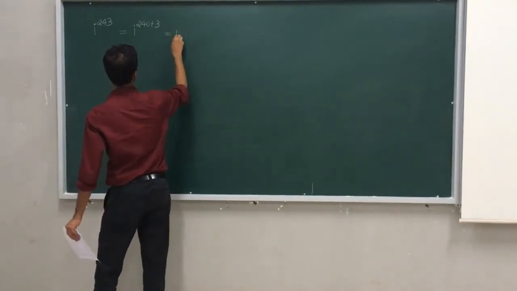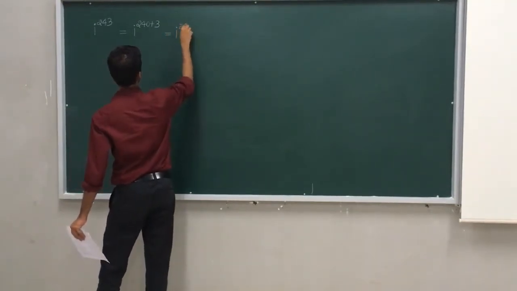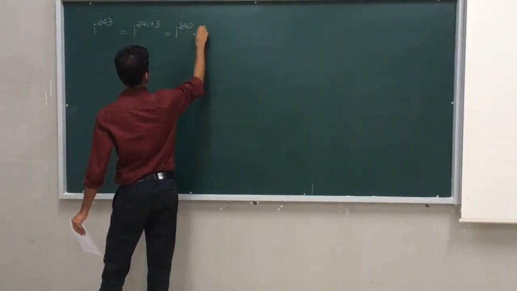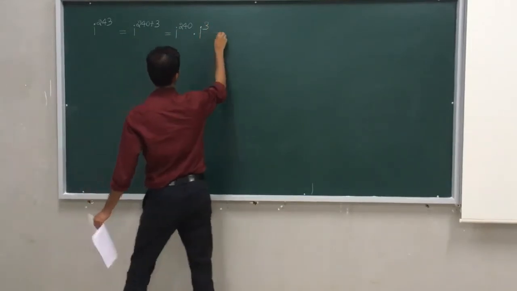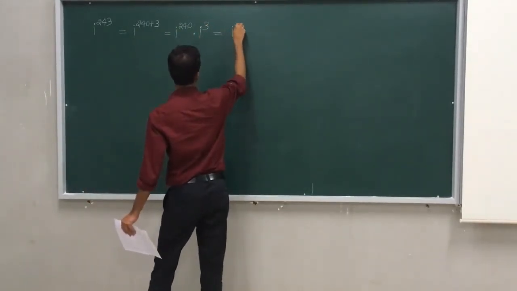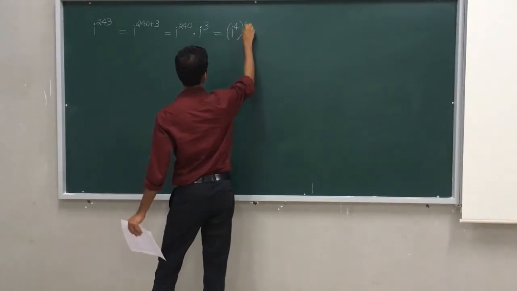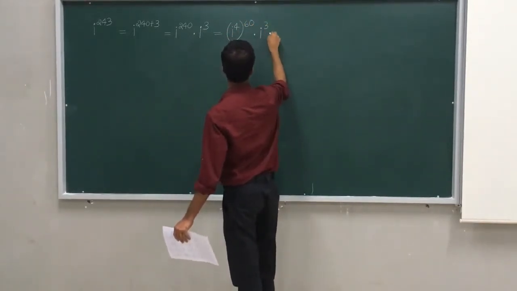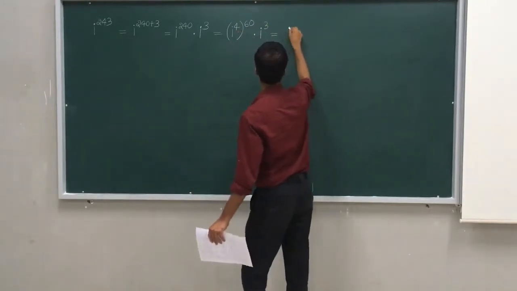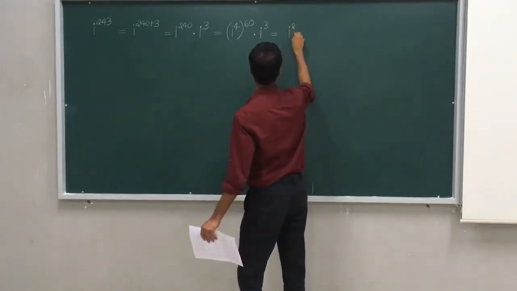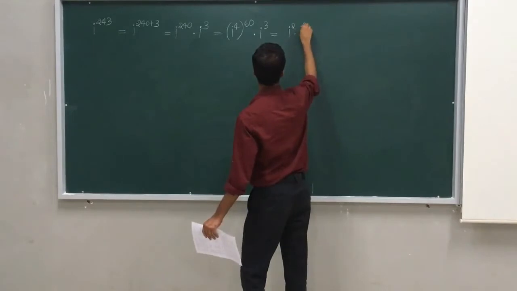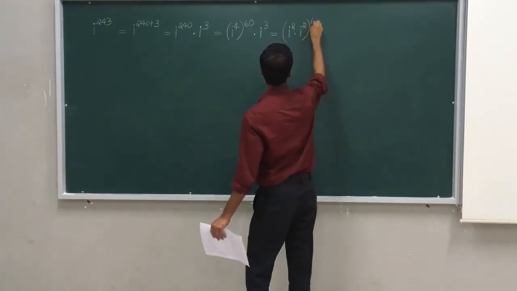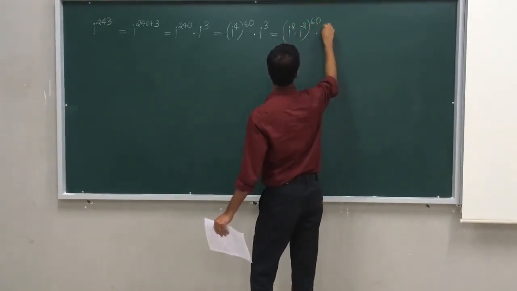Next you can write it as i raised to 240 into i cube. Then you can write it as i raised to 4 times 60 into i cube. i raised to 4 can be written as i square into i square, to the power 60, into i cube.